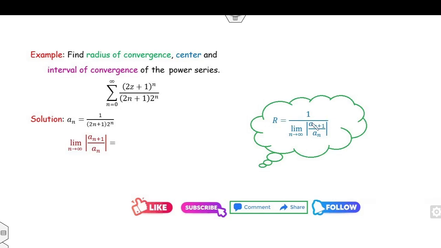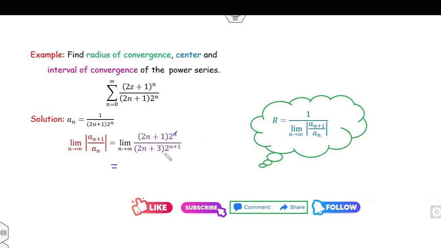I can use this formula. For this case, I can find the limit first. Limit n approaches infinity, 1 over (2n plus 3) into 2 raised to power n plus 1 into (2n plus 1) 2 raised to power n over 1. So I can make the pair of 2n plus 1, 2n plus 3 and so on.